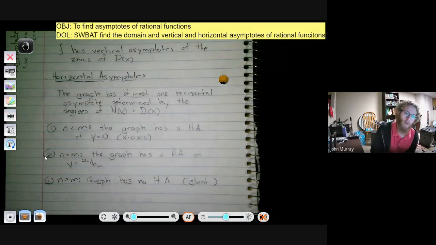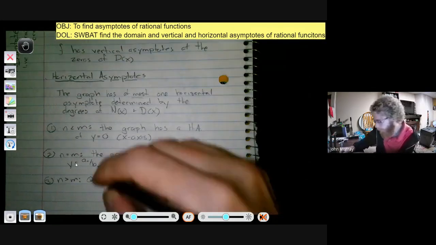Our second situation, which we'll see an example of in a little bit, is when the degrees are equal. Then the graph has a horizontal asymptote at the ratio of your leading coefficients.